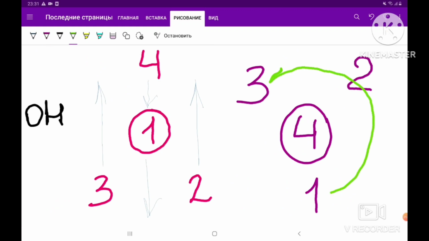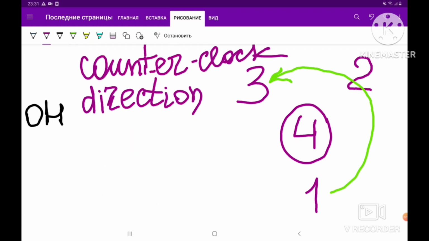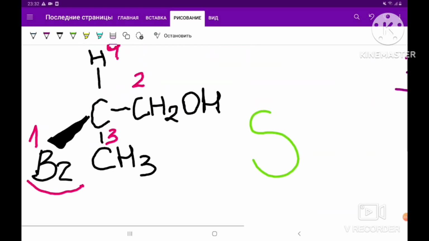Now let's draw the arrow of the direction. We will see it is moving from right to left, counterclockwise. So it seems to be S. However, if we pay attention, bromine was coming up to the frontal part. It was coming from the plane in our direction.